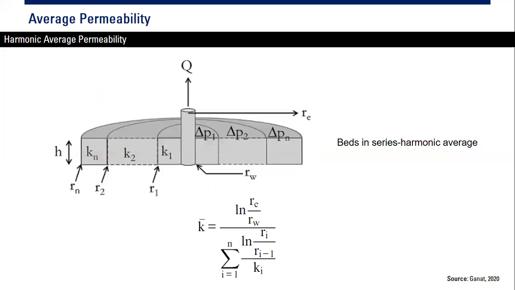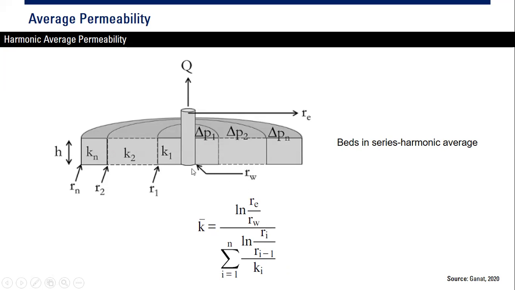Okay. And this is harmonic average permeability, but for radial flow. Again, it is beds in series, harmonic average. You have the flow rate here, and you have the drainage radius, re, but you have radius 1, radius 2, radius 3 with the same thickness.